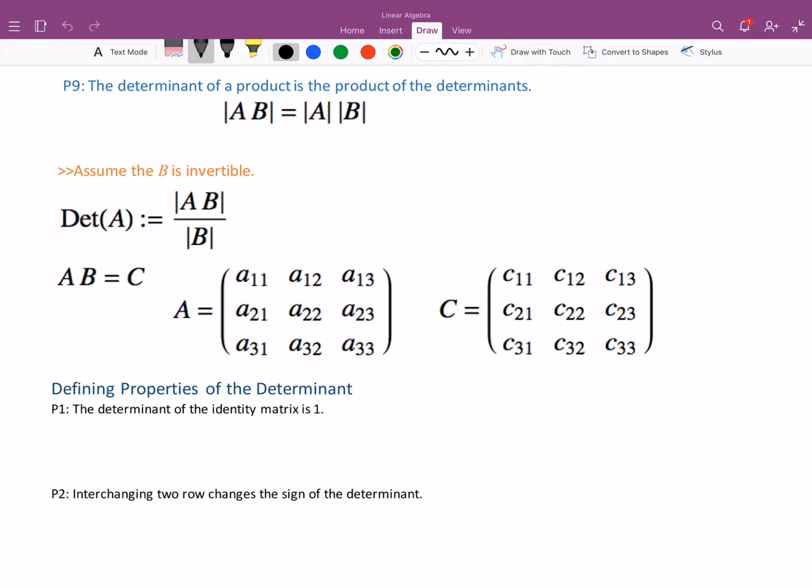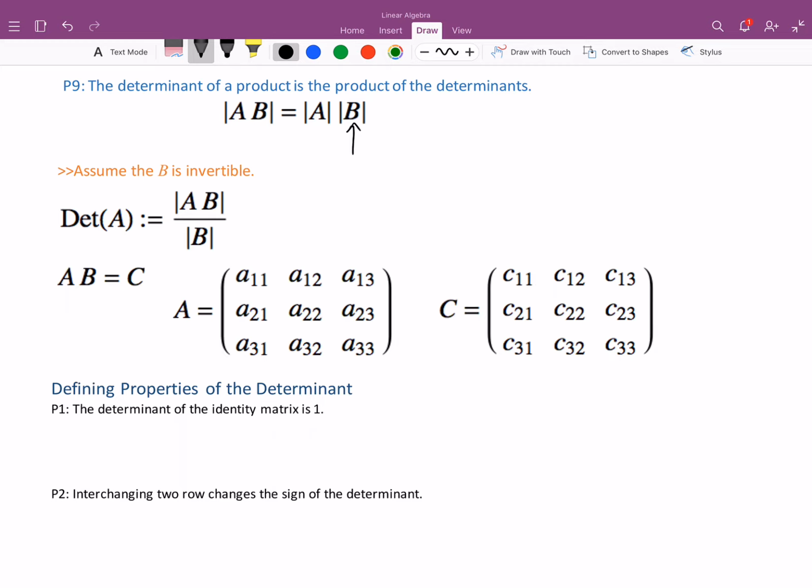So let's talk about what would happen if B were singular. In the proof I'm going to show you, I'm going to assume B is invertible, but let's see what happens if B is singular. Well, if B is singular, then its determinant would be 0. And think about why, if B is singular, then AB is also singular.